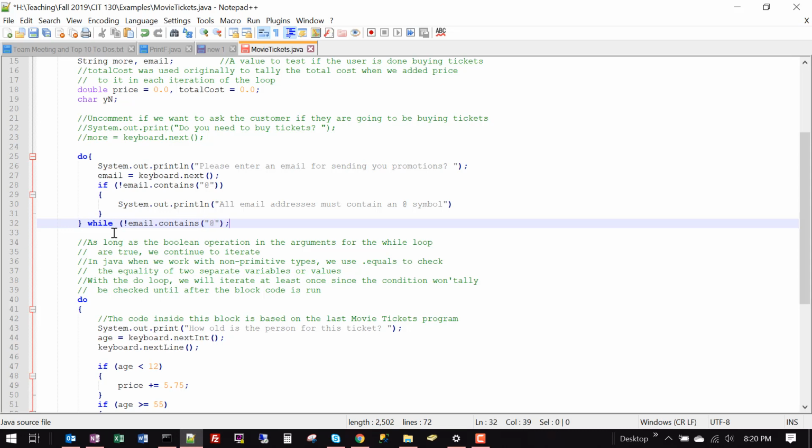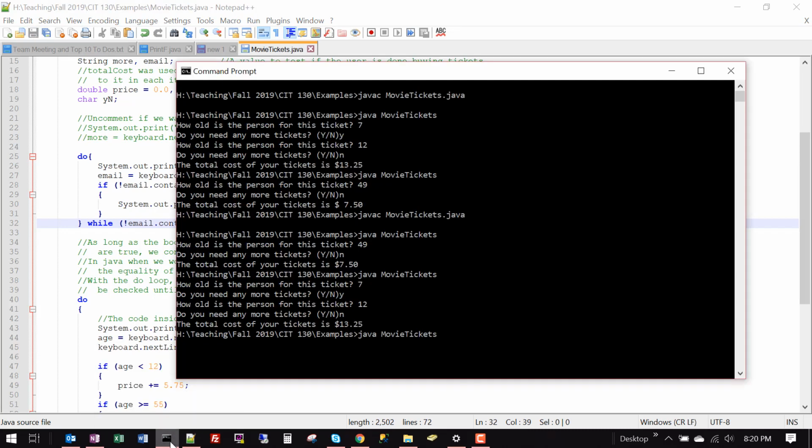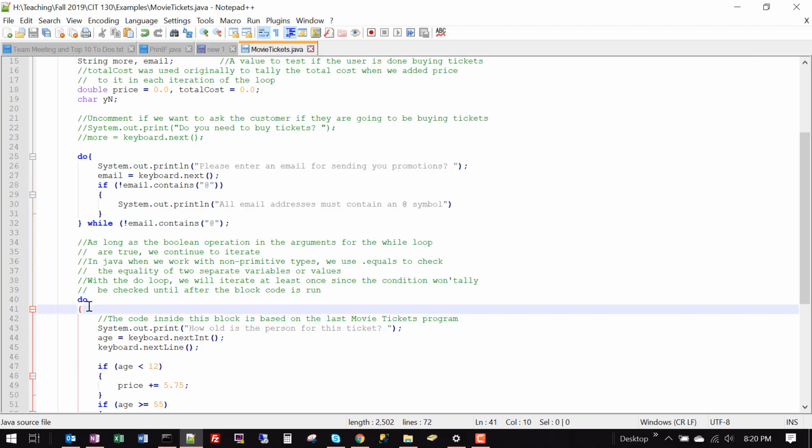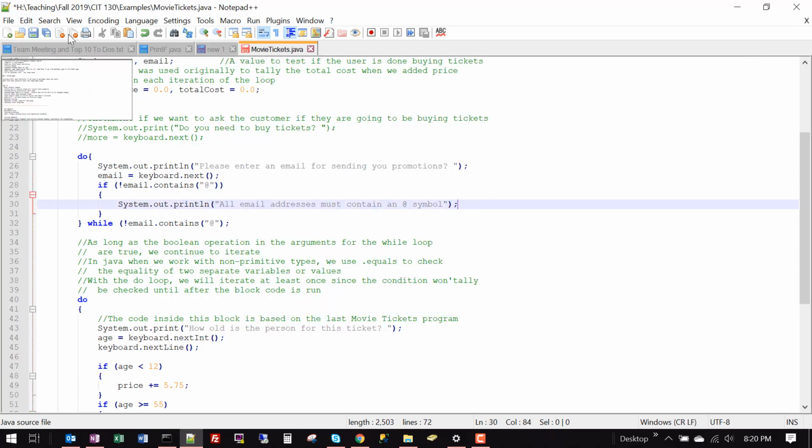That way, what we're doing is if it doesn't contain an @, tell them so and try again. So let's save it. Let's recompile. Oh, I left out a semicolon. That is so easy to do.